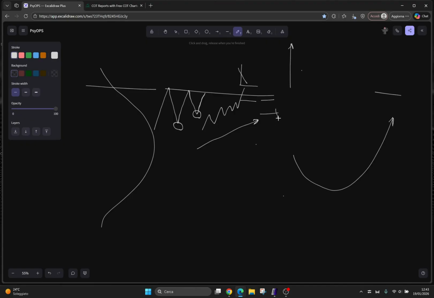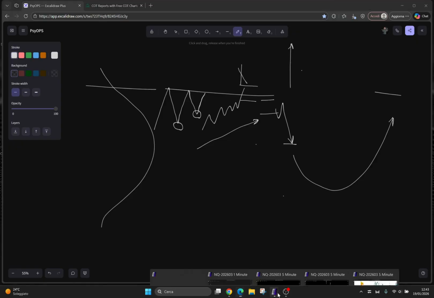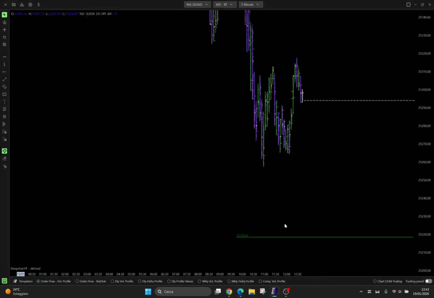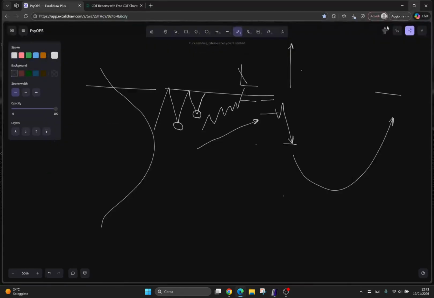So I expect today to be a short session, probably with final target at 25,218. So another leg down. And then I expect from there to balance a little bit. But I expect a week that will go to test this level back before giving us the opportunity to have a long-term breakout.